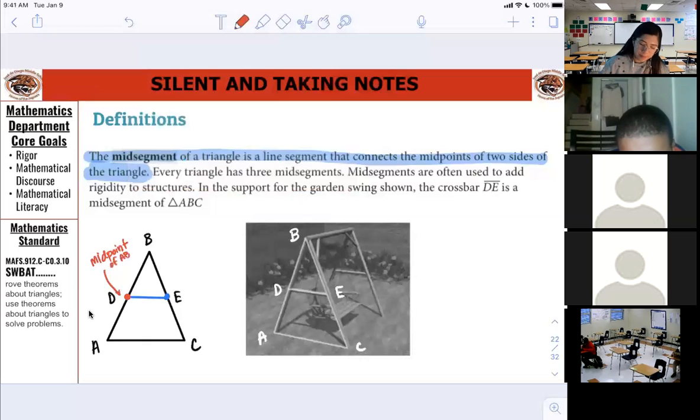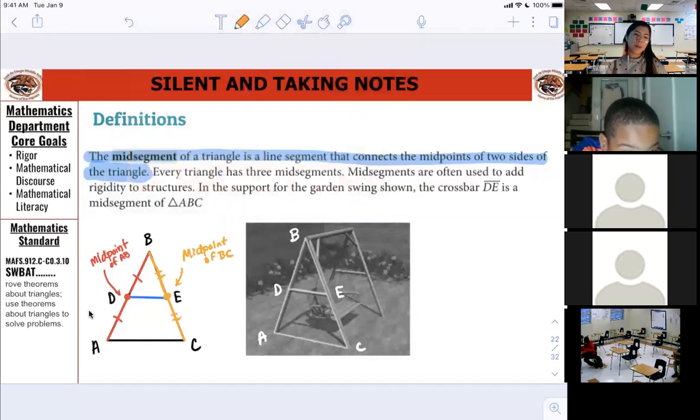AD would be equal to DB, right? But then on the other side, E is the midpoint of what? BC. Of BC. So it'd be CE and EB. Okay, I got it. So BE would be equal to CE.